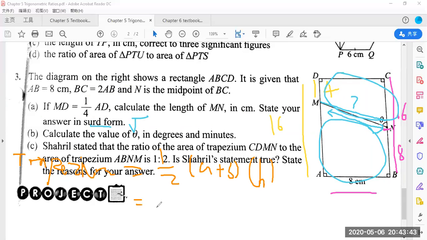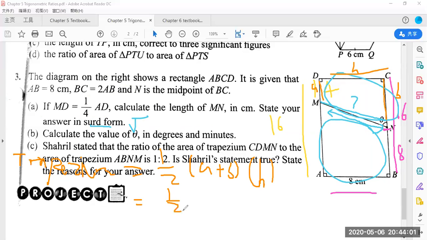So what is A plus B? A is the shorter one, B is the longest one. This one is shorter, this one longer. So this one is the height, right? So this one A, B.